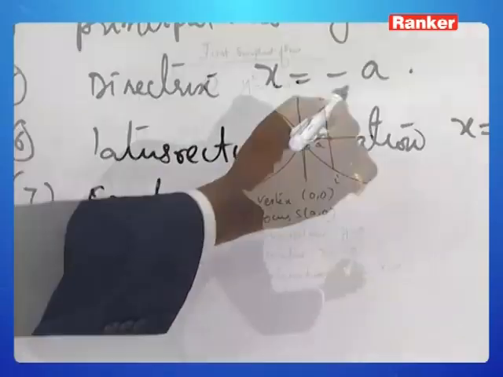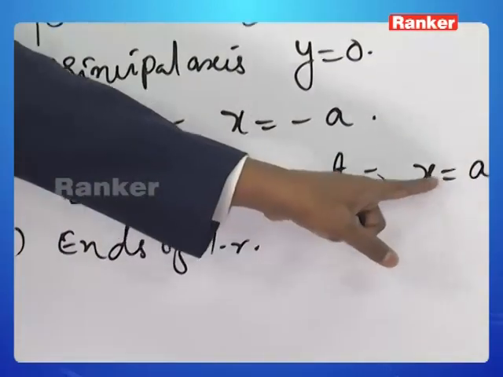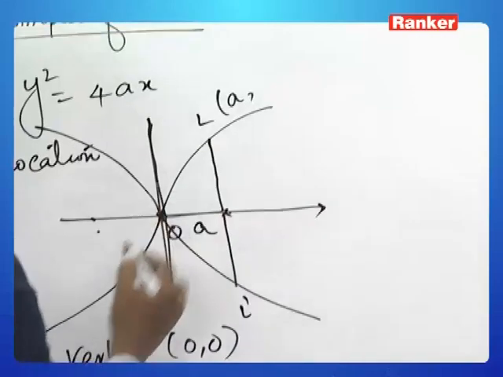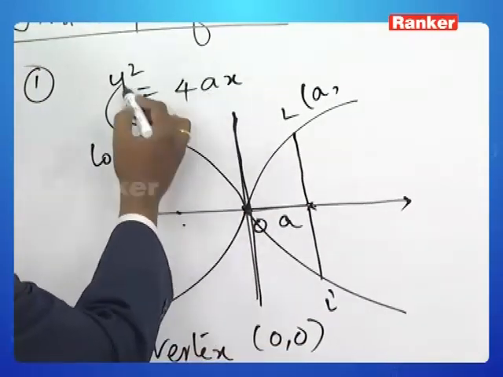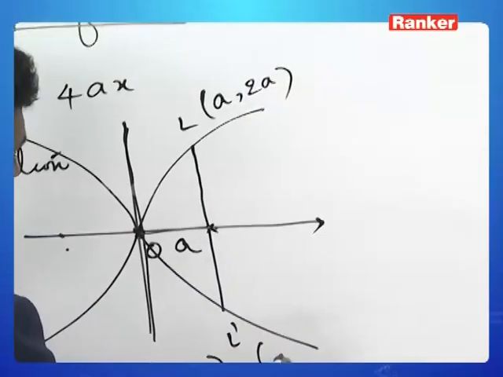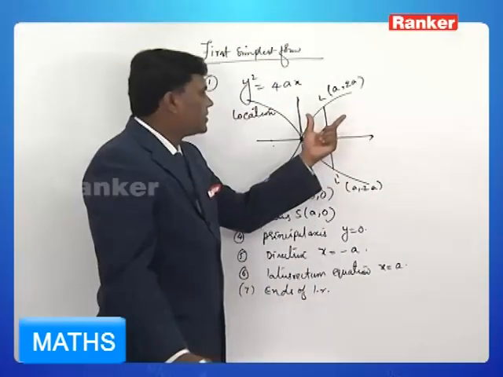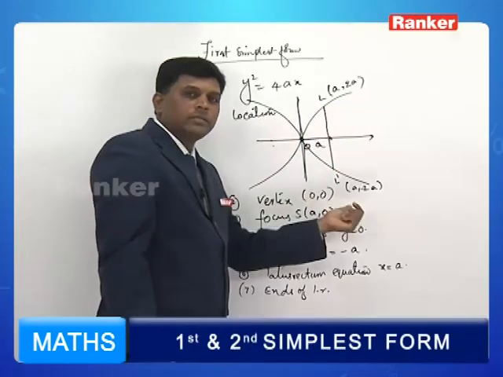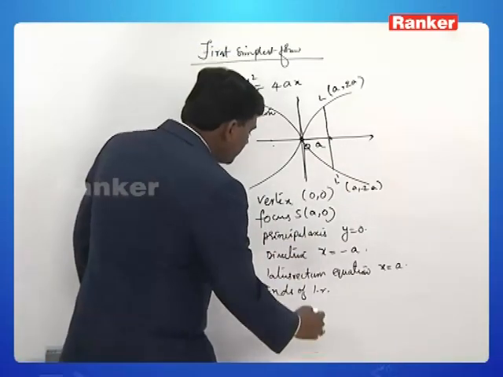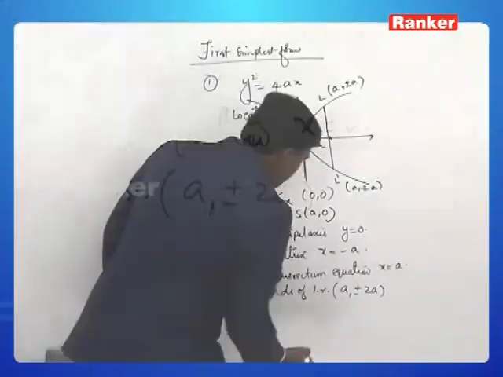Solving this latus rectum equation with the parabola, substituting x equal to a in the parabola, y square is 4a square, then y will be plus or minus 2a. One is in first or second, the other in third or fourth. These two are taken as ends of latus rectum, a comma plus or minus 2a.